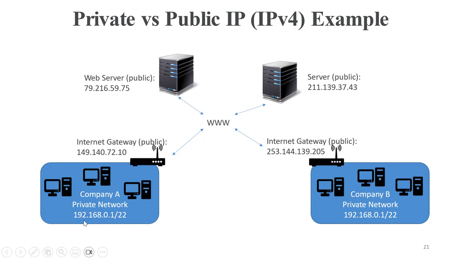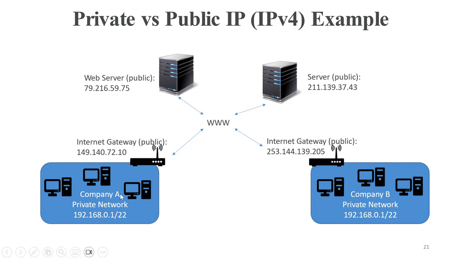Suppose in this network I have used 192.168.0.1. In the same network, I cannot use it with the same CIDR. Suppose I need to connect this network to another network. We can establish it with site-to-site VPN software and have communication between the two networks.